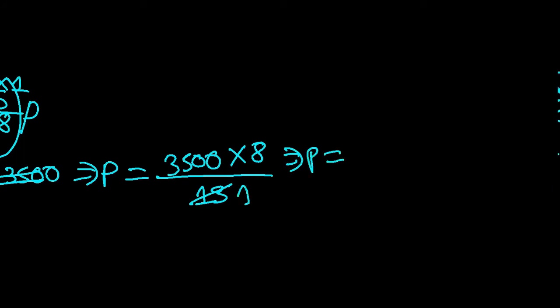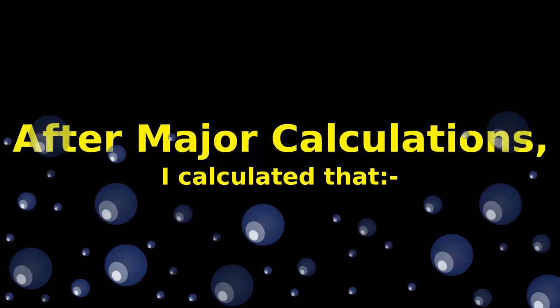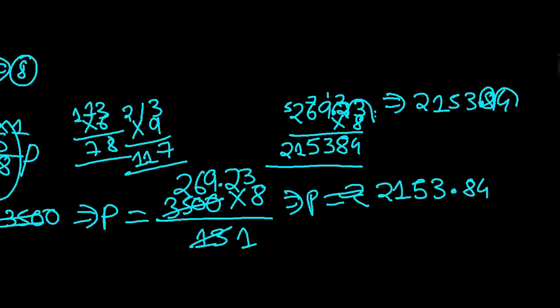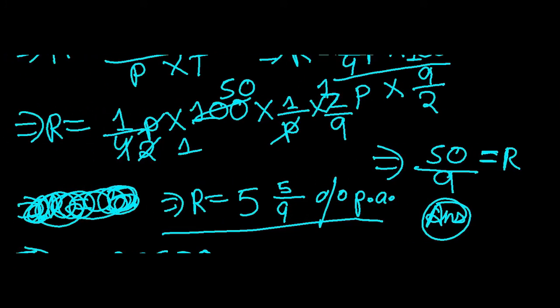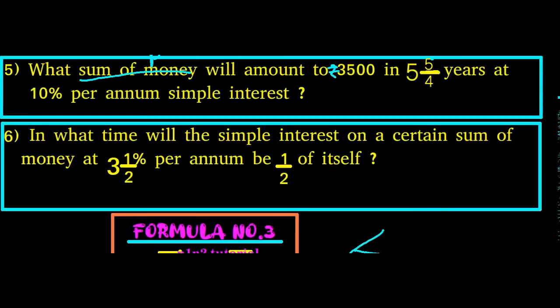Thirteen ones are 13, 13 twos are 26, and then we are left with 9. So the answer is principal is equal to rupees 2153.84.